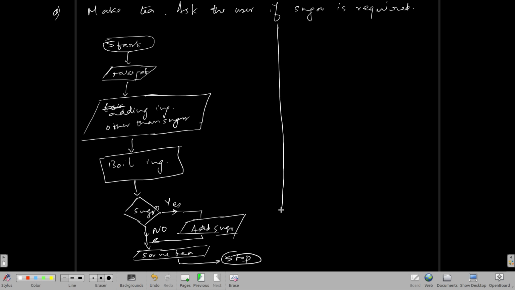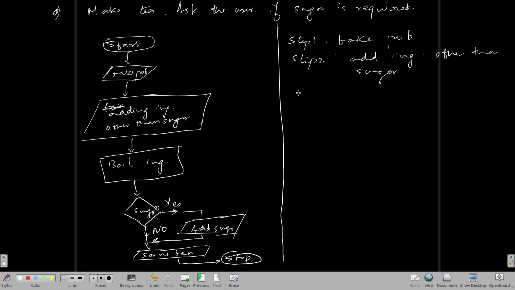So writing the algorithm, how will it be? Step 1 is take pot. Step 2, add ingredients other than sugar. Step 3 is boil ingredients. Step 4 is, is sugar required, right?